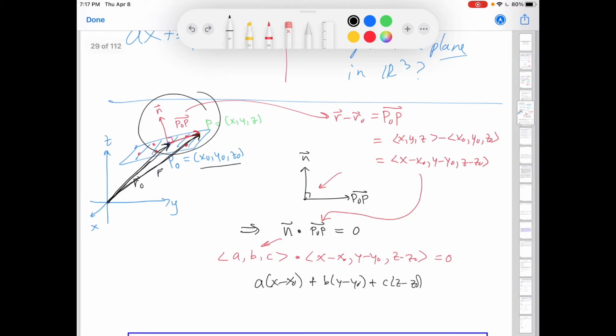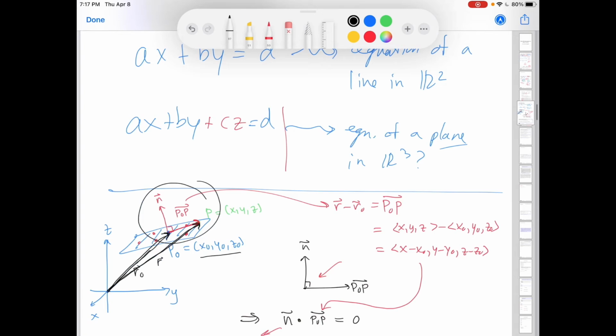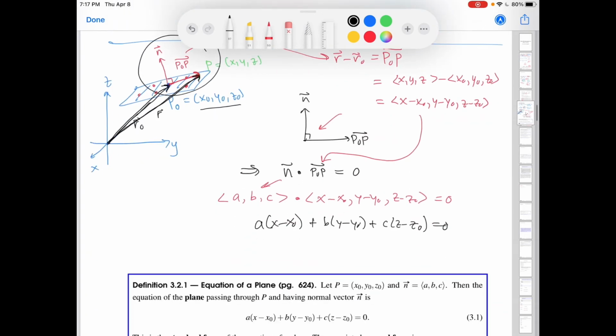Great. And that gets me to pretty much the equation that we thought we were going to get to up here. The d comes from the fact that if I multiply a times x naught, b times y naught, c times z naught, I get a bunch of negative terms. When I add them to the right-hand side, that's my magic d.